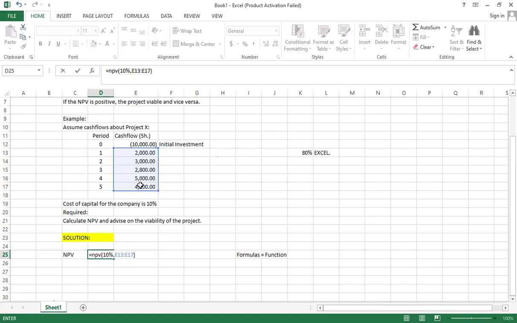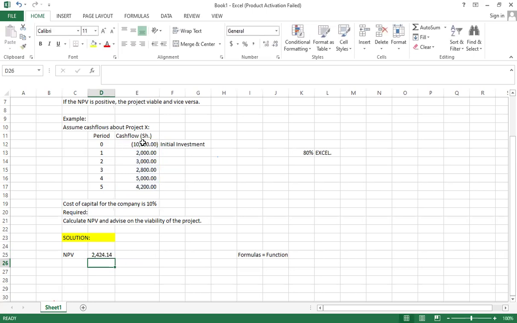Lastly, you'll type plus the initial investment. And then you can press enter.